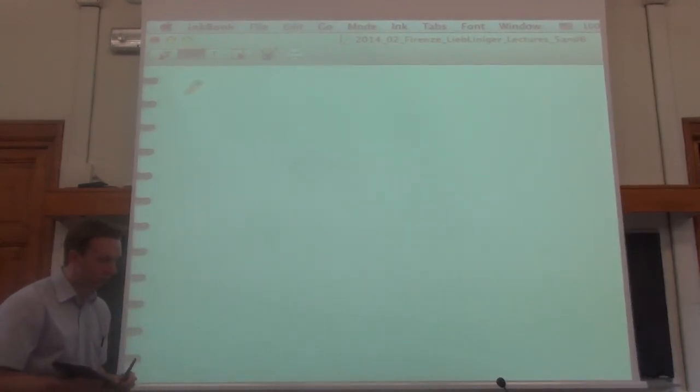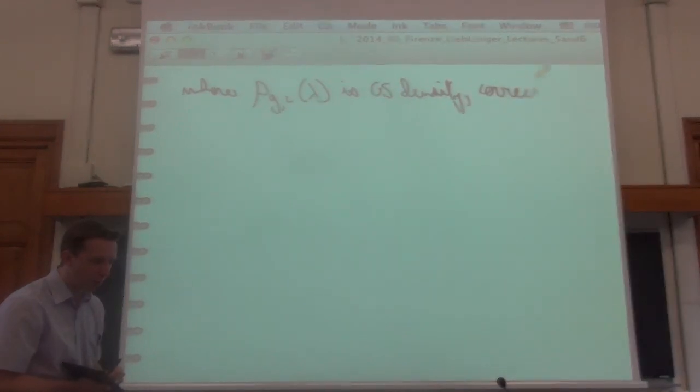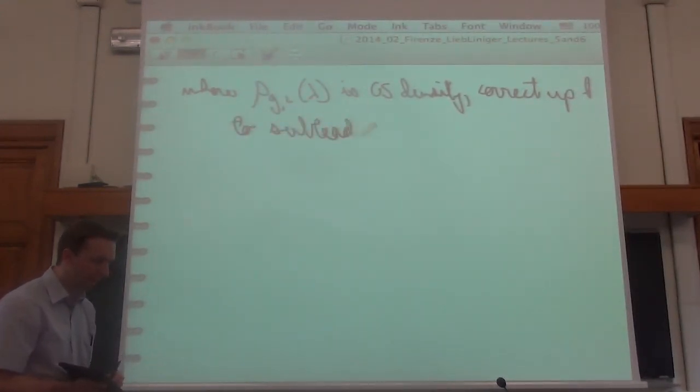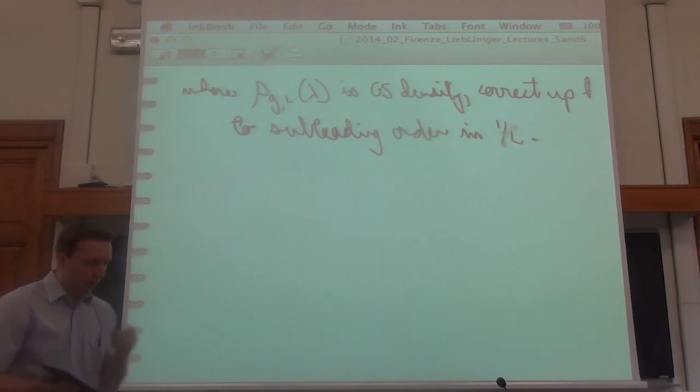Okay, so where rho g L of lambda is the ground state density, correct up to subleading order in 1 over L.